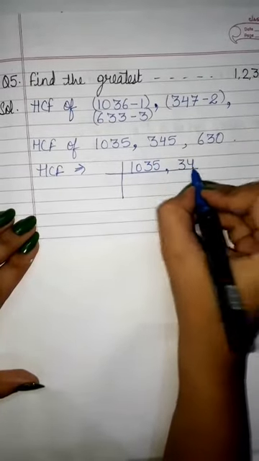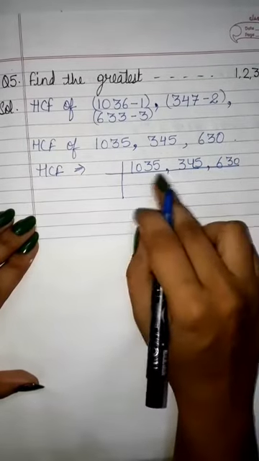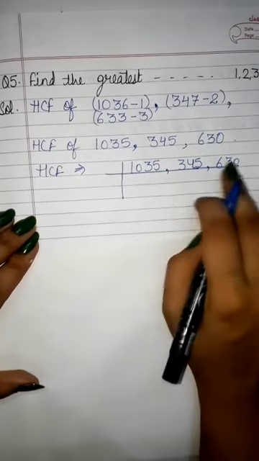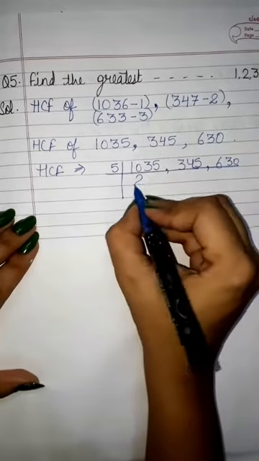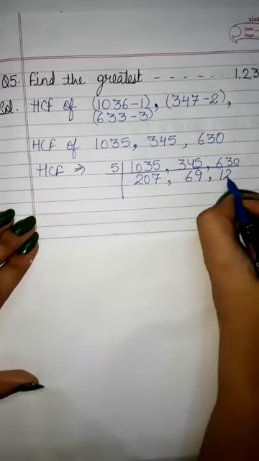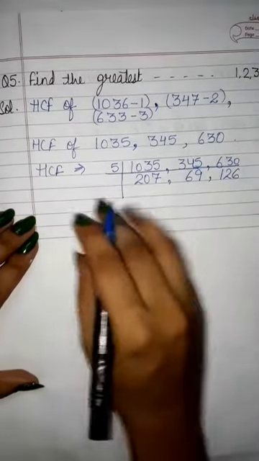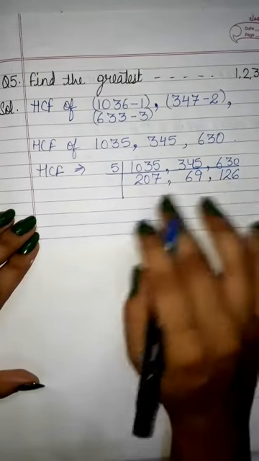1035, 345 and 630. Now see, all the numbers containing 0 or 5 on the unit place, they can be divisible by 5. 5 207s are, 5 69s are, 5 126 are. Now see, all the numbers are not even, not odd.